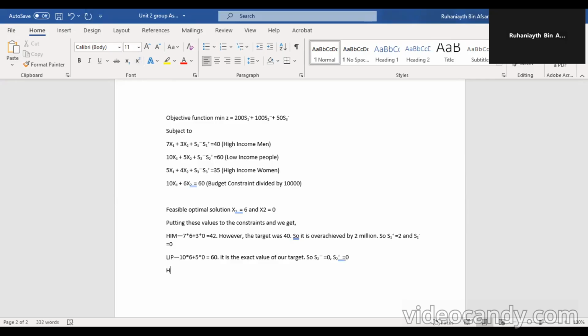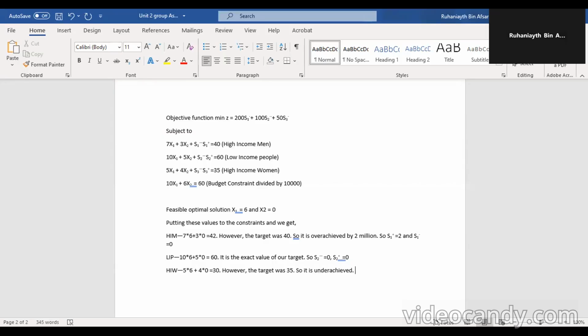The third constraint, for high income women. We are checking the values in every constraint. In the third constraint, we can see that it is 5 into 6 plus 4 into 0, which is equal to 30. However, the target was 35, so it is underachieved.